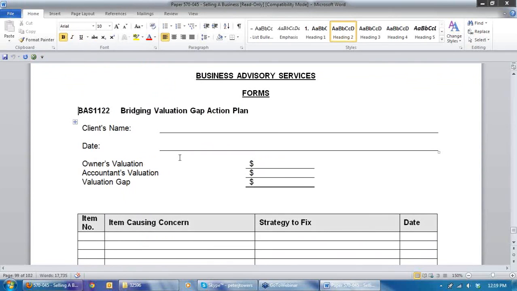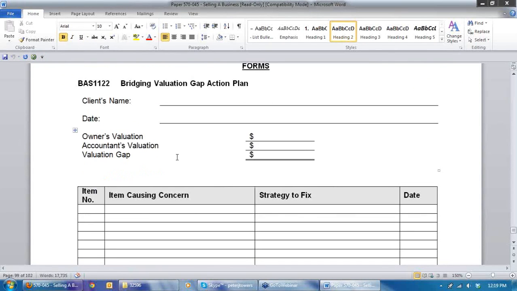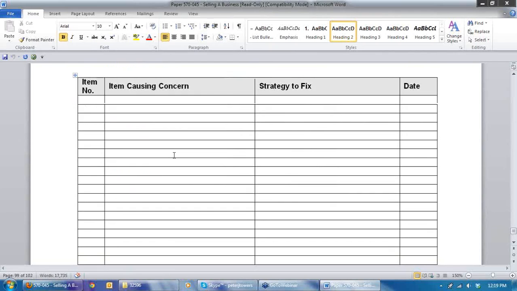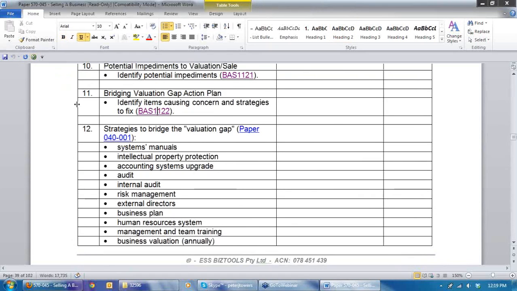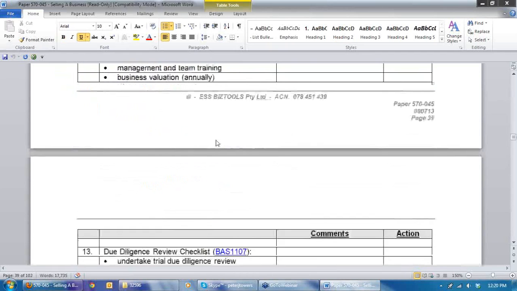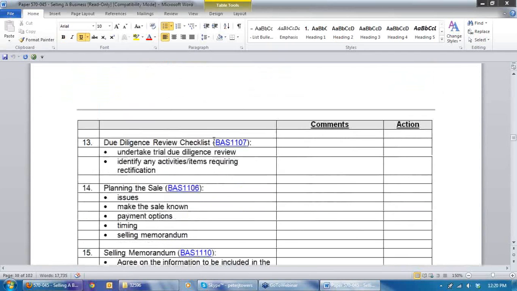So we have a form then to help you to identify the valuation gaps that might be obvious within this business, and then you can identify your strategy to fix those gaps. There is a paper on strategies to bridge the valuation gap, which you could go to and look at, and that will give you some further indication.